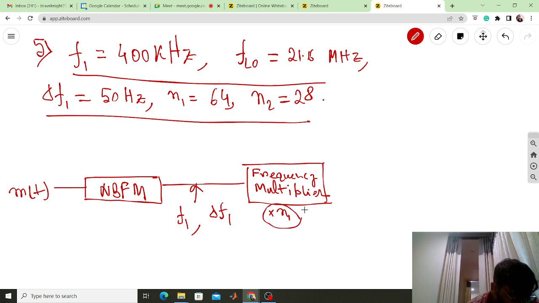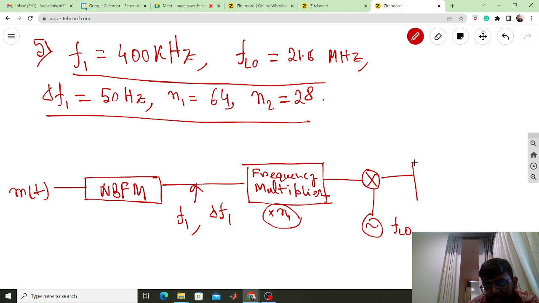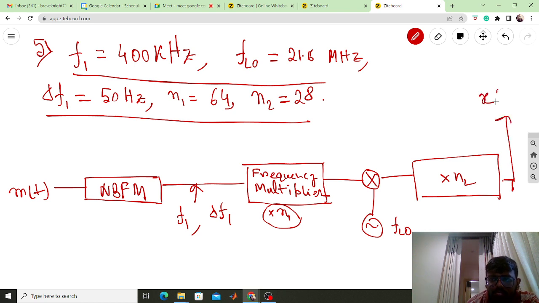Then there is another modulator, with the frequency coming in, FLO. Then there is another frequency multiplier, but this time with N2. The output is x(t).